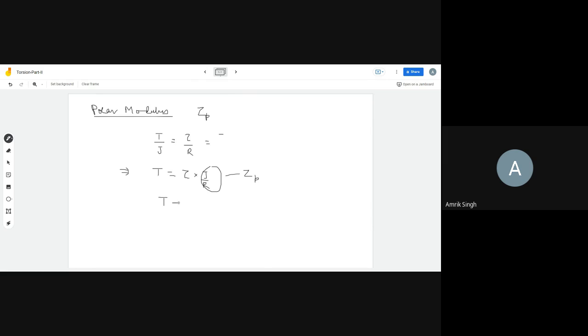So we can write T is equal to tau into Z_P.